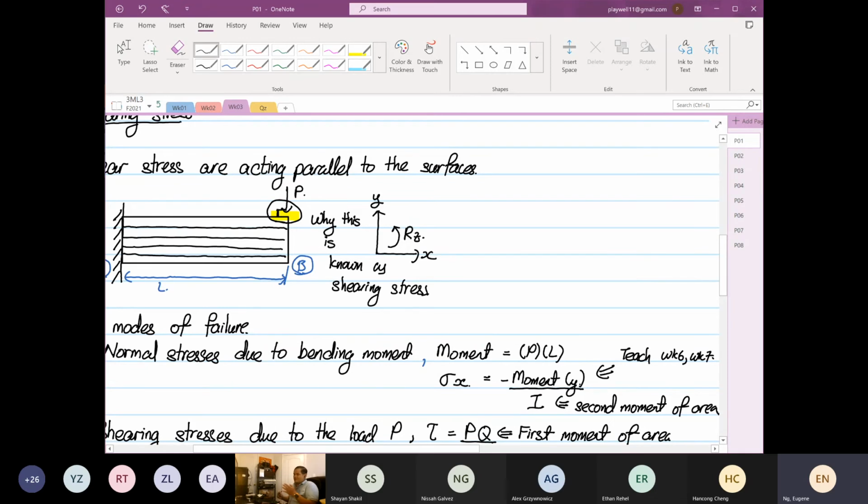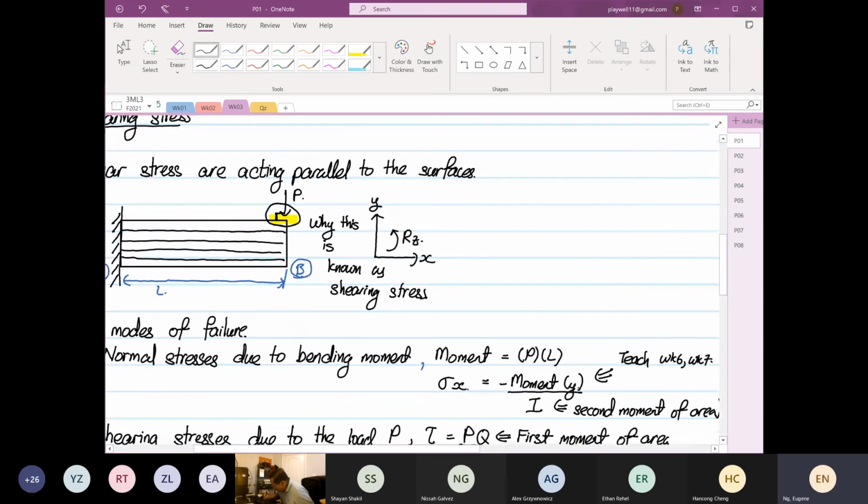Eugene, the normal stress is force divided by perpendicular area, right? That is perpendicular. So the P over here will apply the stress on this surface also. Yes or no? So this, in fact, the blue is in fact the shear stressed surface.